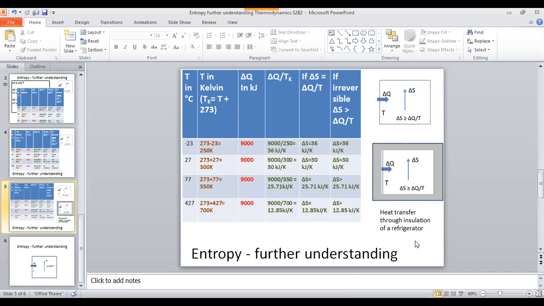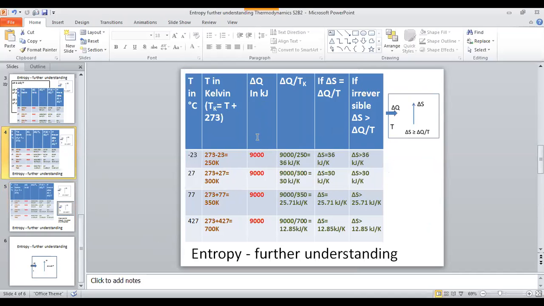Now you are going to analyze this again. So first case, this is your case. How come? Same heat transfer, different temperatures, your entropy change. You are going to find the answer.